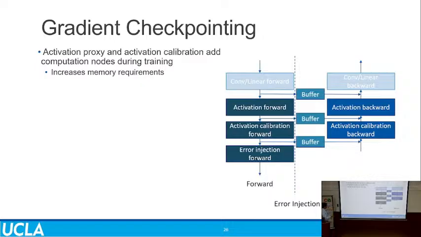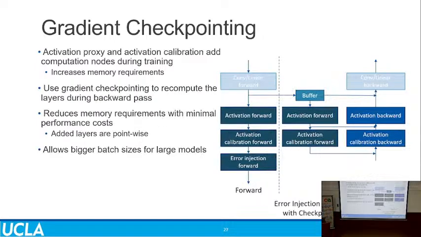So that's what we do here as well. Instead of storing computed activations for these cheap activation functions, we recompute them during the backward pass. And that allows us to support bigger batch sizes and larger models during training.